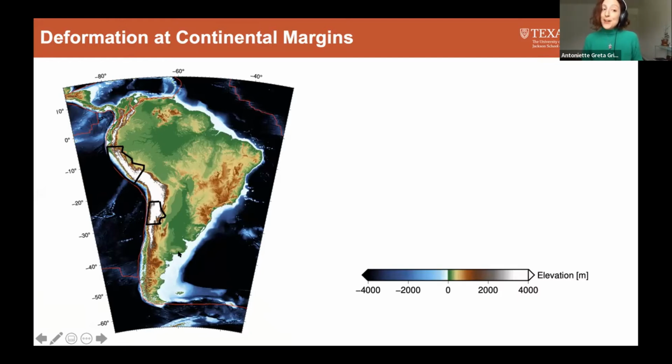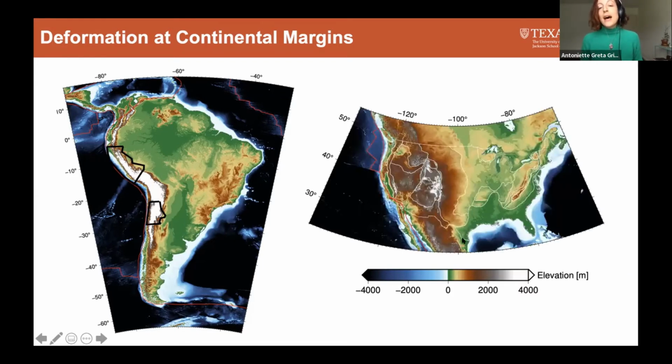And this variability not only happens in space, but also in time, as exemplified by the northwestern margin of the United States, where we have this leftover uplift of the Rockies and the Colorado Plateau due to an extinct flat slab episode that occurred during the Laramide orogeny, around 65 or so million years ago.